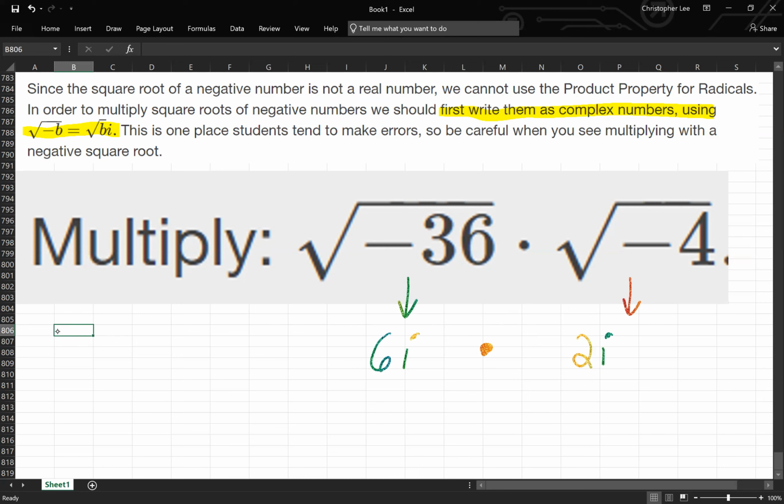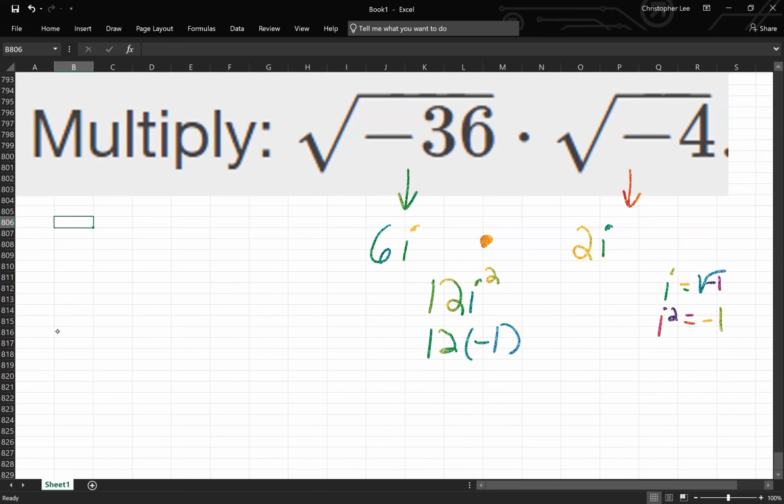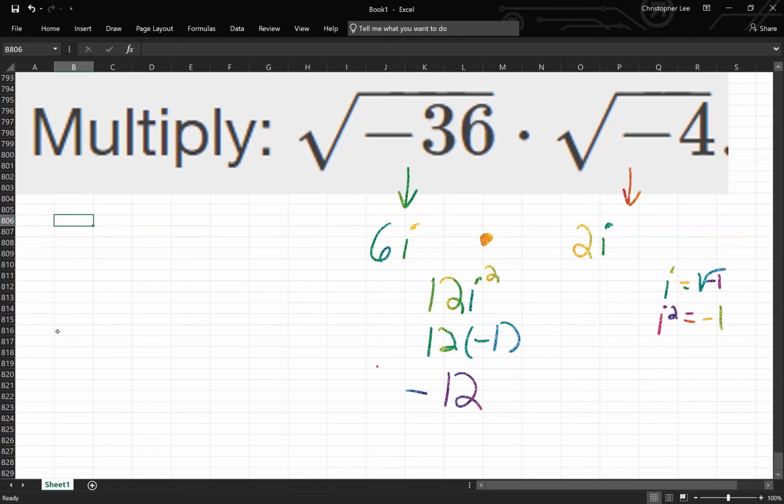And then what I'm saying is switch it to the imaginary numbers, then multiply it, right? So 6i times 2i becomes what? 12i squared, right? And we know that i squared is what again? I squared is equal to -1. So this becomes 12 times -1, which is just -12. And that's my answer. That's it.